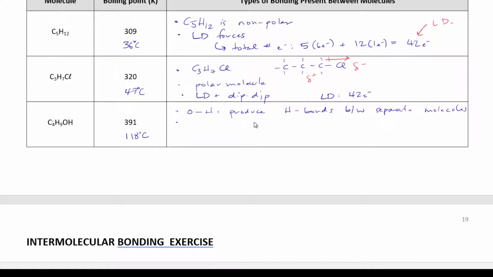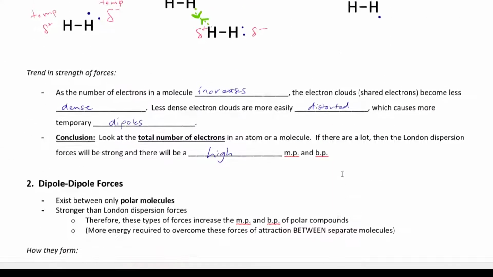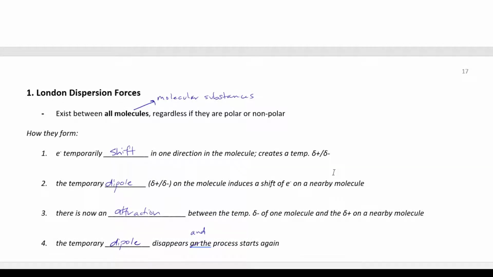We will also have London dispersion forces because, again, if you scroll up to the top, it says here that London dispersion forces exist between all molecules.